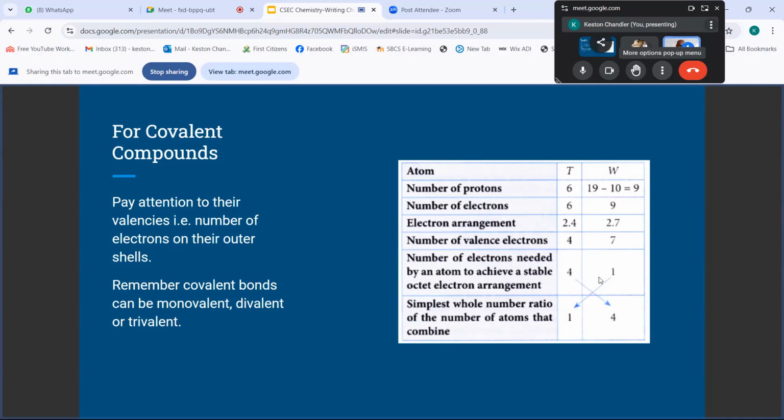Because 4 of these are going to be shared, we need 4 W's in order to complete the outer shell of T, right? So this is like if you think of something like carbon and hydrogen, CH4, right? Similar. Now remember, covalent bonds can be monovalent, divalent, trivalent, right?